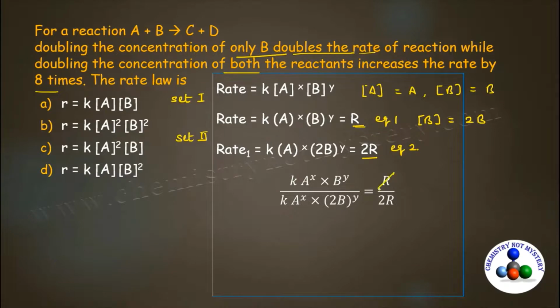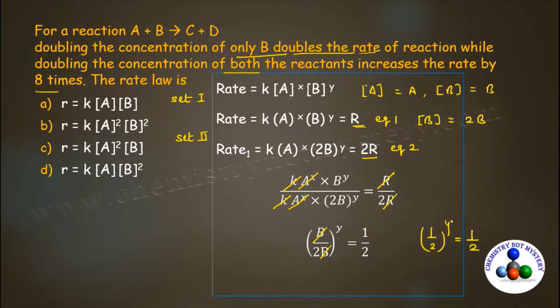R will get cancelled out with R. K will get cancelled out with K. A raised to x will get cancelled out with A raised to x. So here you will get B over 2B whole raised to the power y is equal to 1 by 2. Here B and B will get cancelled out and you will get 1 by 2 raised to the power y is equal to 1 by 2.